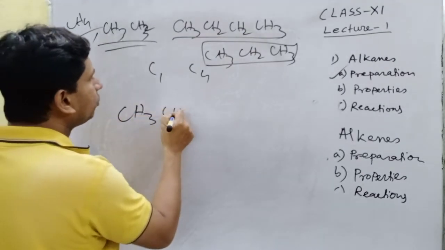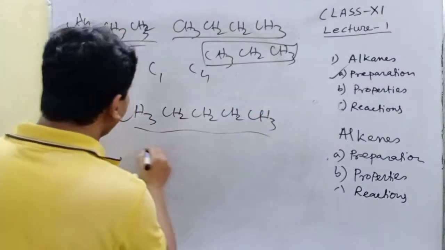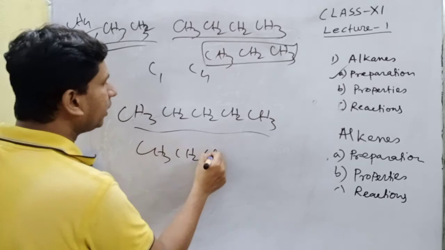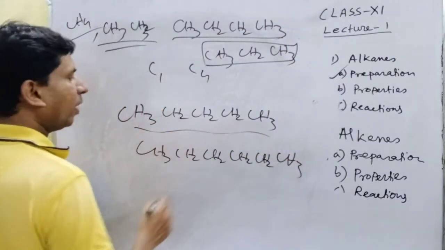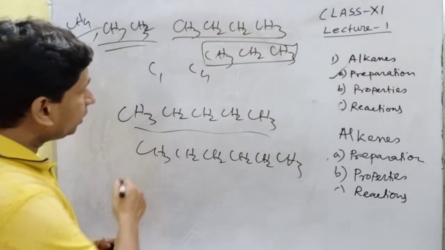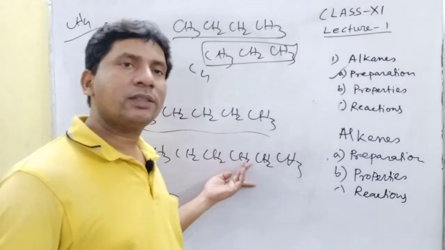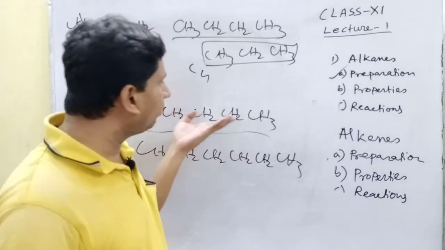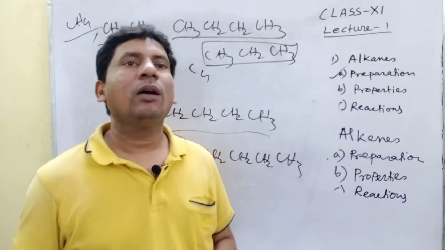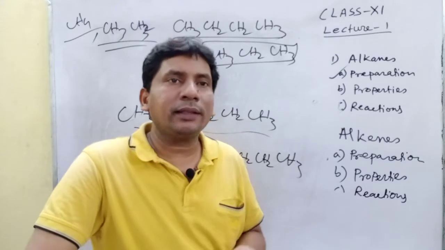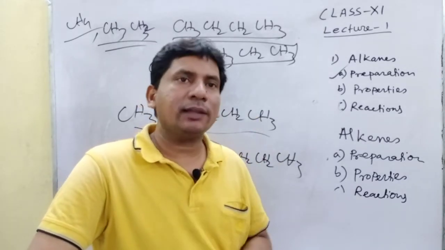If CH3, CH2, CH2, CH2, CH3 is a 5 member chain, and CH3, CH2, CH2, CH2, CH2, CH3 is a 6 member chain, the boiling point of the 6 member chain will be higher than the 5 member chain due to its molecular weight. So increasing the molecular weight increases the boiling point.